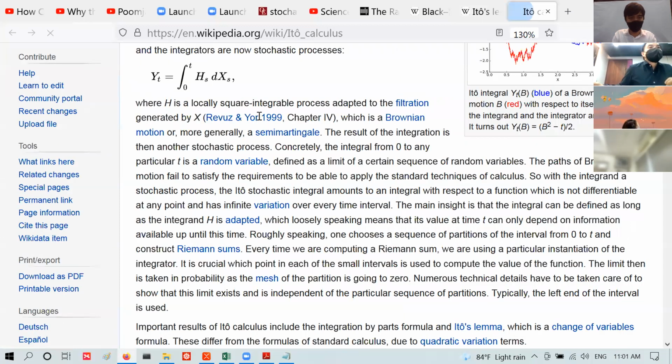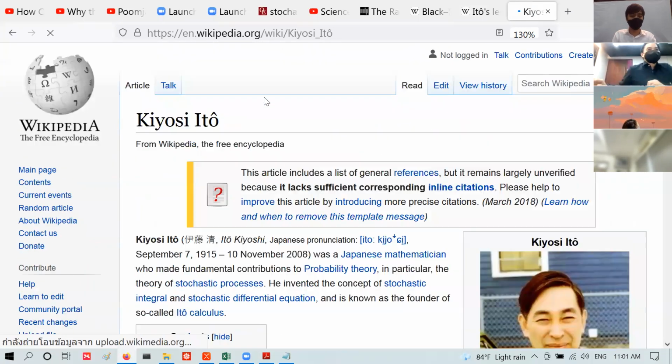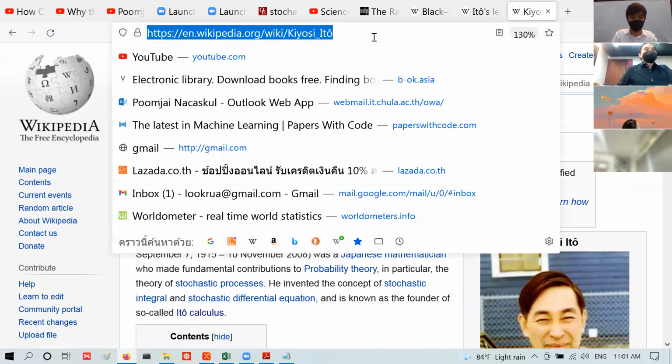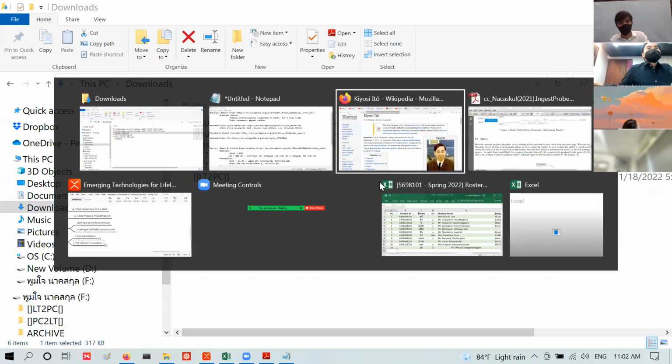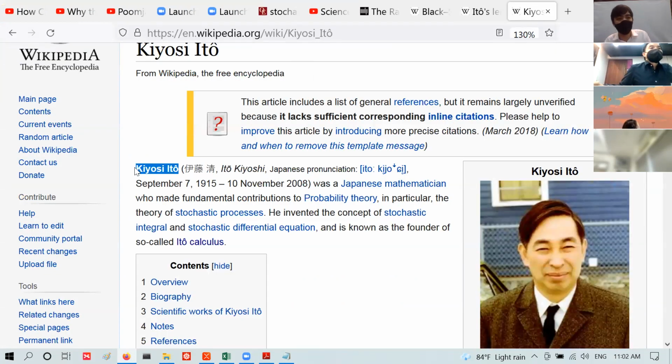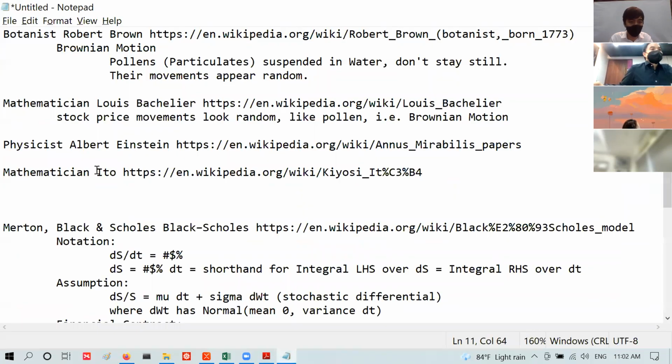This guy, Kiyoshi Ito, a Japanese mathematician. Okay, Kiyoshi Ito. Well, it's very interesting.